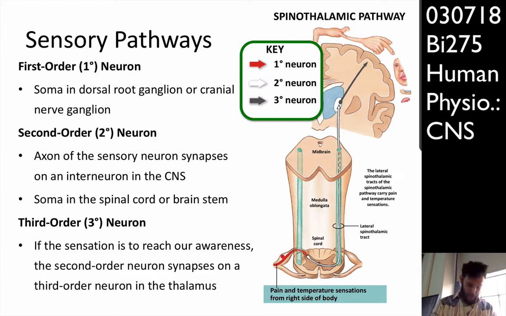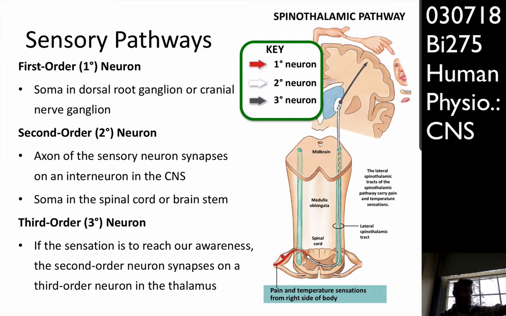Okay. Sensory pathways. I'm getting close to where I wanted to be. These ascending pathways involve three neurons. The first order neuron is the sensory neuron. It's some sensory receptor, and it gets triggered.